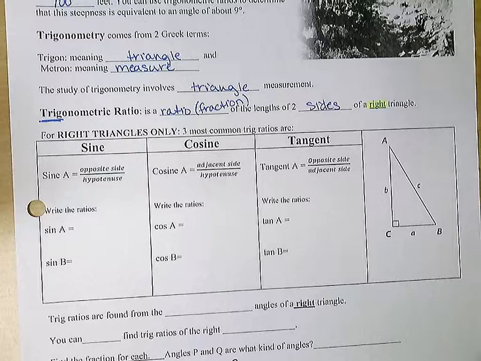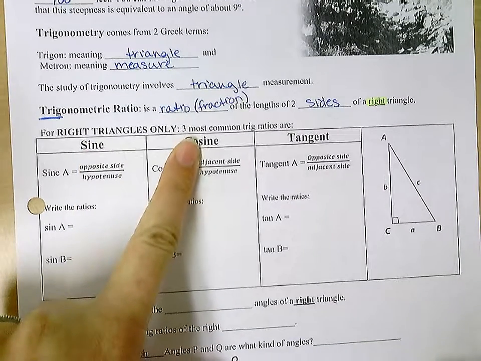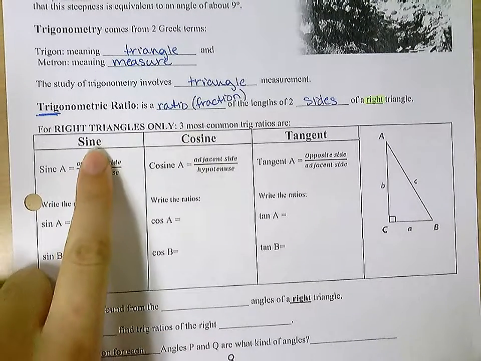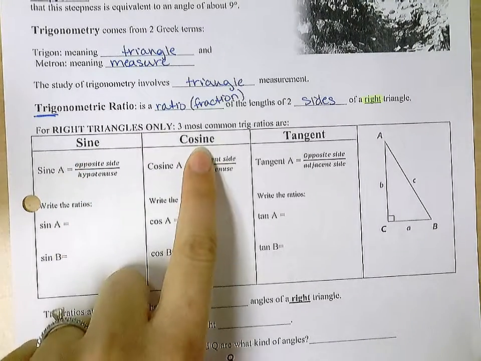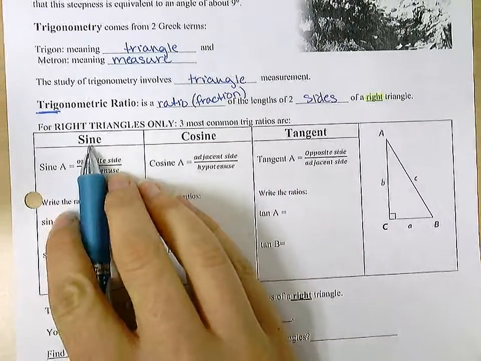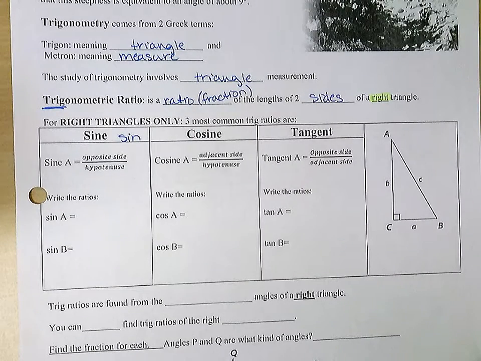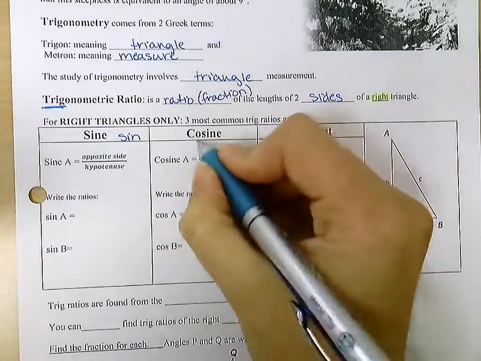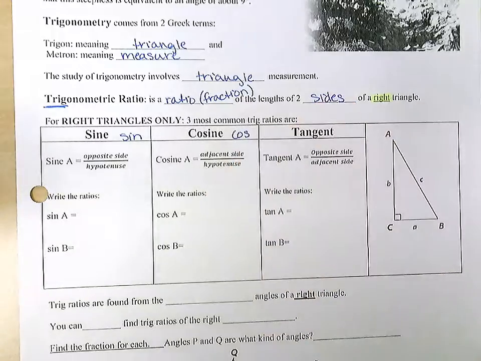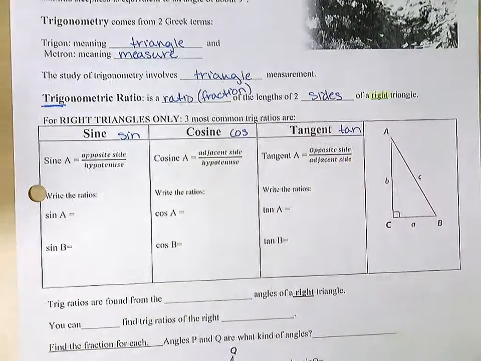For right triangles only, the three most common trig ratios are sine, cosine, and tangent. We abbreviate sine as S-I-N, cosine as C-O-S, and tangent as T-A-N.